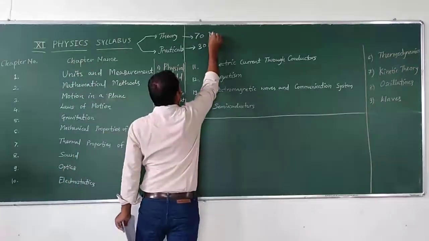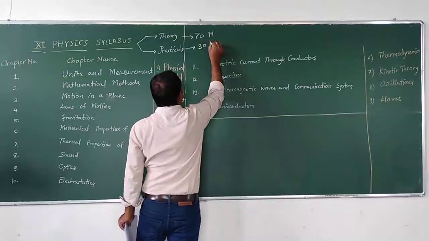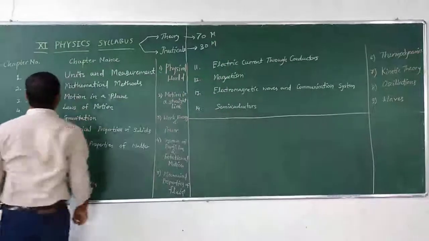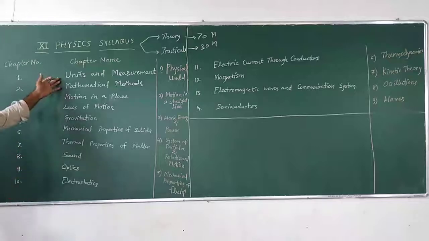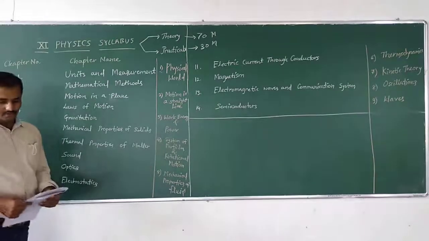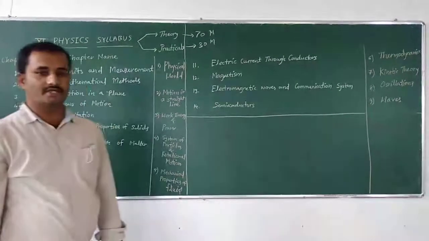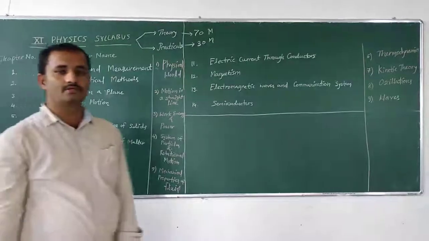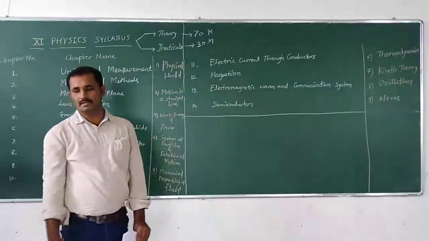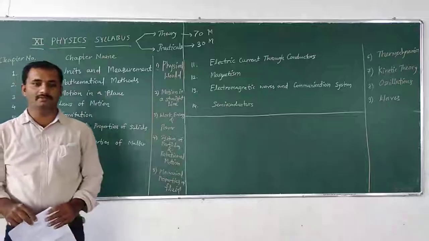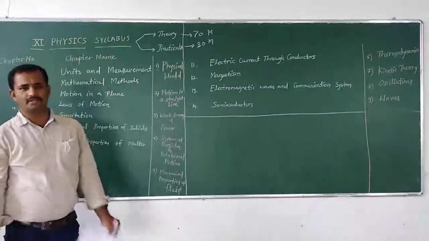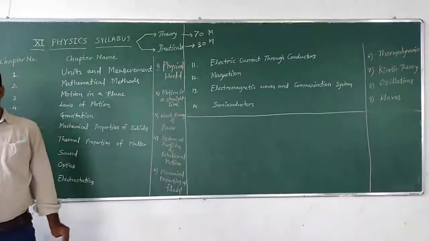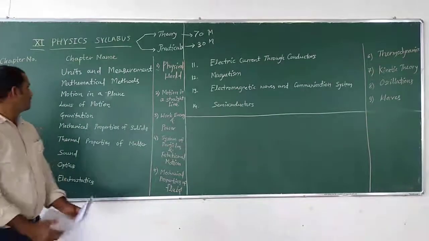What are the chapters involved in the theory course? The first chapter is units and measurement. Here we will see different types of units and how these are measured. As we have seen in the foundation course, there are different types of units and how they can be measured.